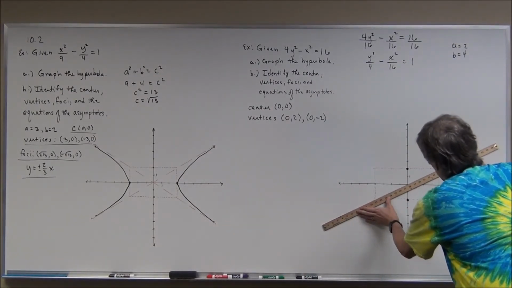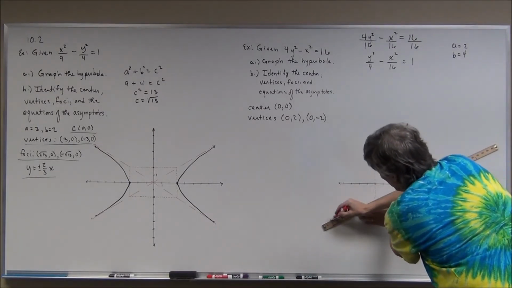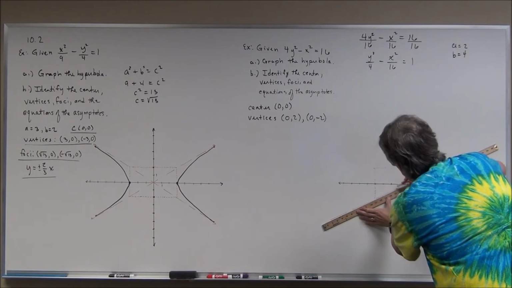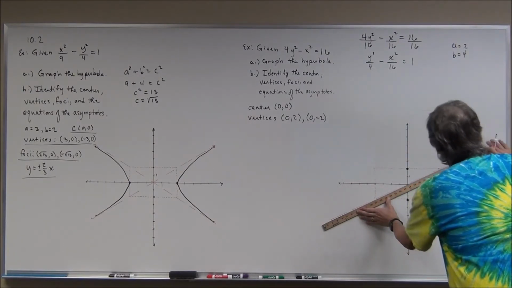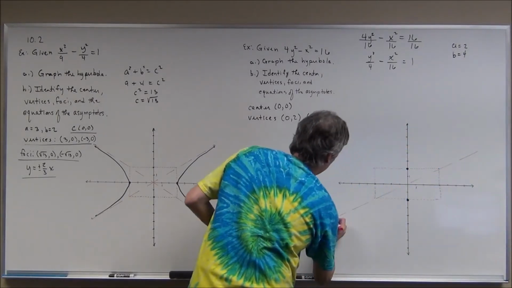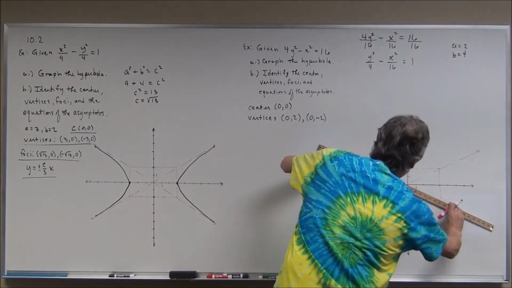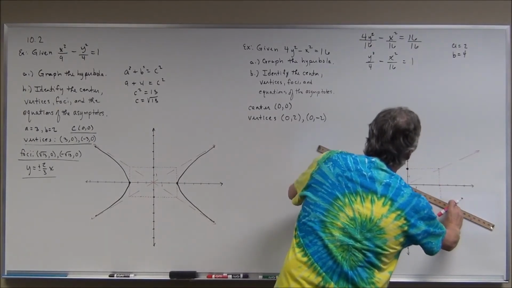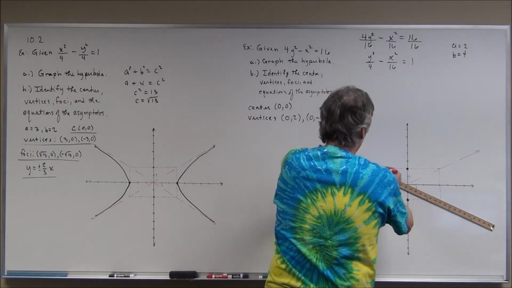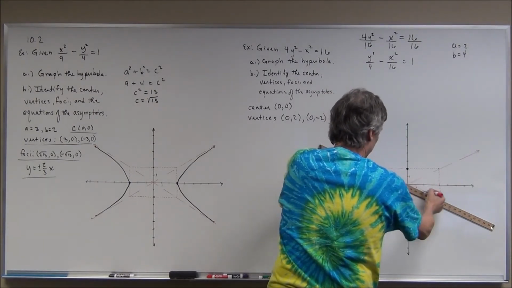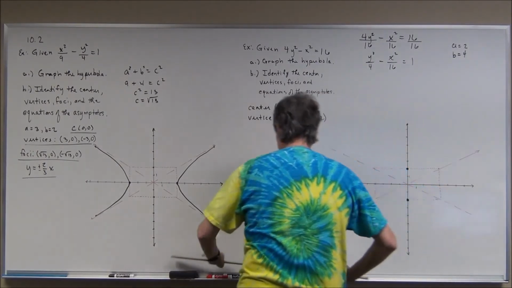So let's see if I do this. You can see how badly I've done this. That's why you use a ruler when you make your representative rectangle. Do as I say, sometimes not as I do. This one's a little bit better.